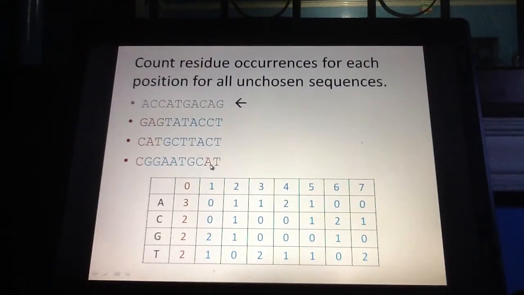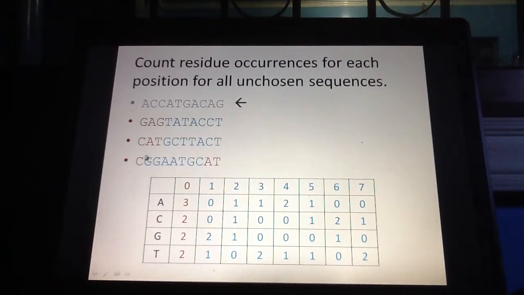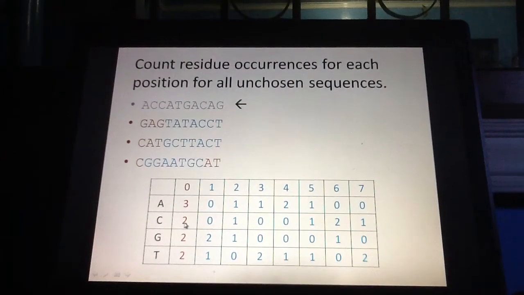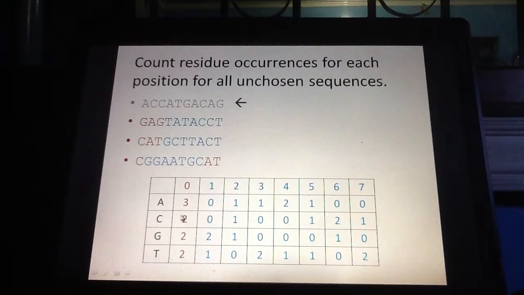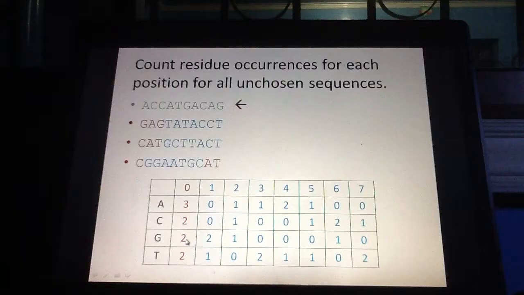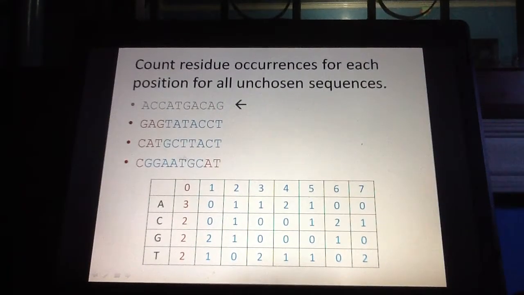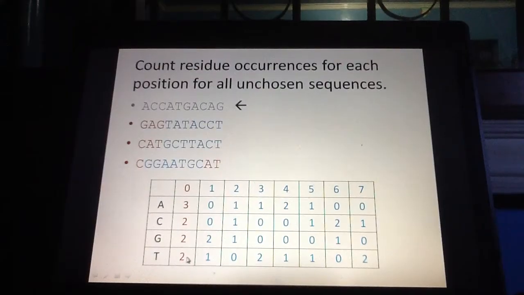So that's 3, and we put the 3 here. And then we count the number of C's. There's one C here, another C here, and so we have a 2 over there. And then we count the number of G's. We have 2 G's there, and you have a 2 here. And finally we count the number of T's. There's a T there and a T there, and so you have a 2 here.